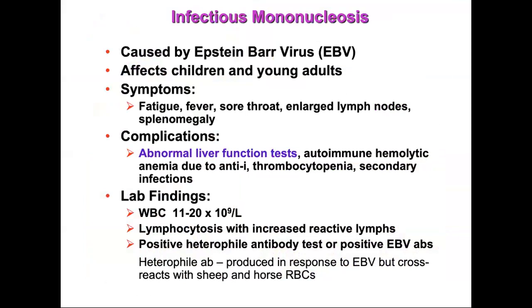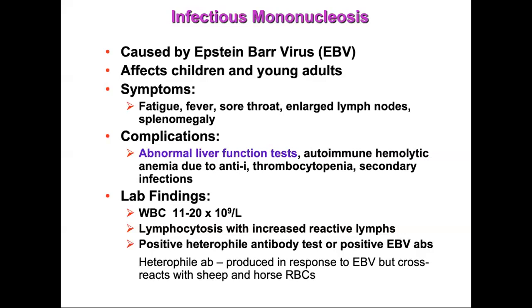Infectious mono is a common condition that we get to know in the lab, especially in hematology, also in micro, but I think you've seen a little bit of it in coag. It's caused by Epstein-Barr virus and affects adolescents and children as well. Some of the symptoms are fatigue, fever, sore throat, enlargement of the lymph nodes, and also splenomegaly.